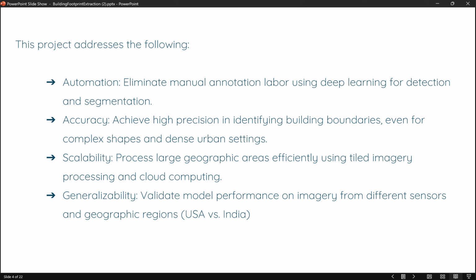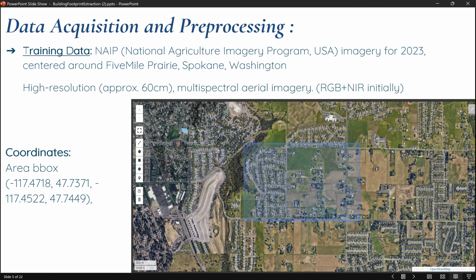Third, scalability, to efficiently process large geographical areas using tiled imagery processing and cloud computing resources. And finally, generalizability, critically to validate the model's performance on imagery from different sensors and geographic regions, in our case, comparing results from data acquired in the USA versus India.